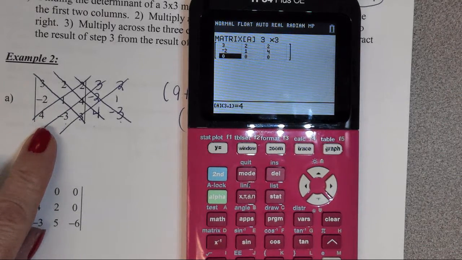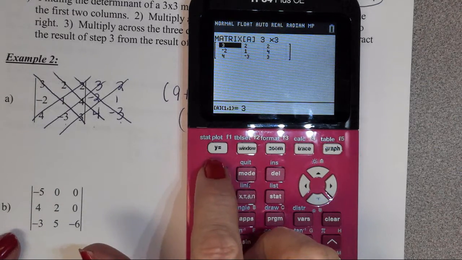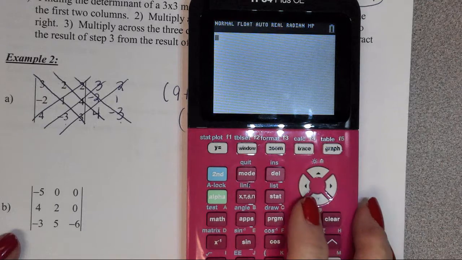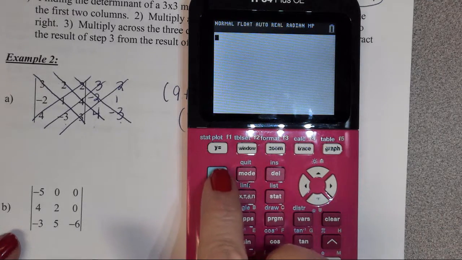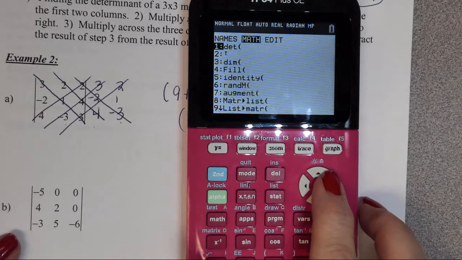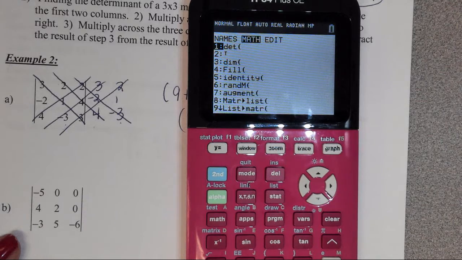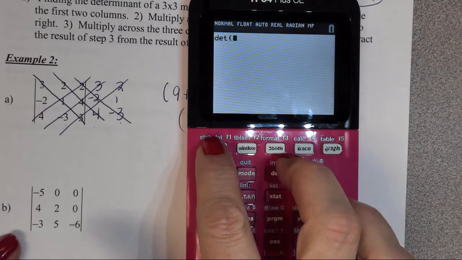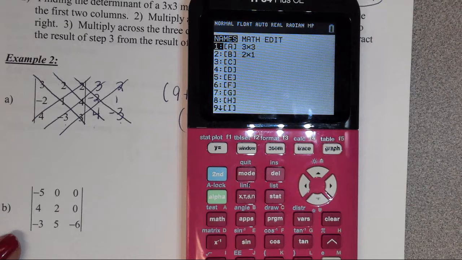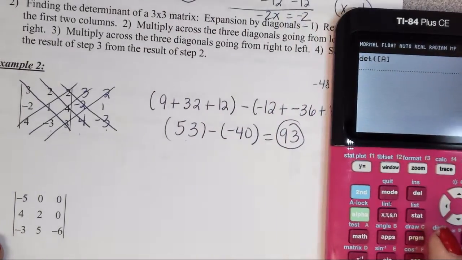I'm just putting in that original matrix. Once I have everything put in, I have to quit. So I do second mode to quit. I want to do something with that matrix, so I go back to Matrix. I go over to Math. I want to do the determinant, which is the first choice. And then I have to go back to Matrix, and I have to get the matrix A. And I'm going to have to push Enter. And it tells me that that determinant is 93.